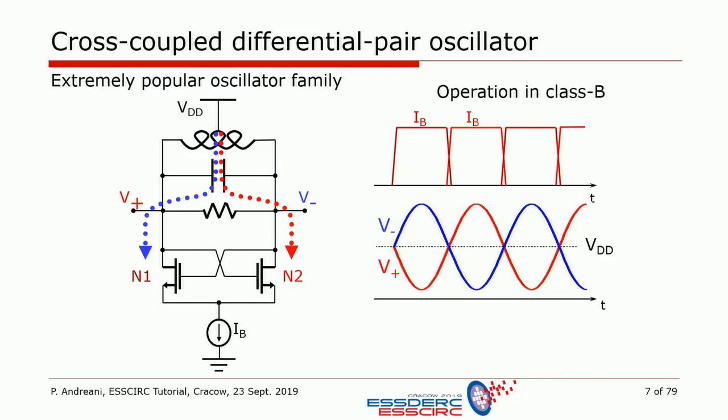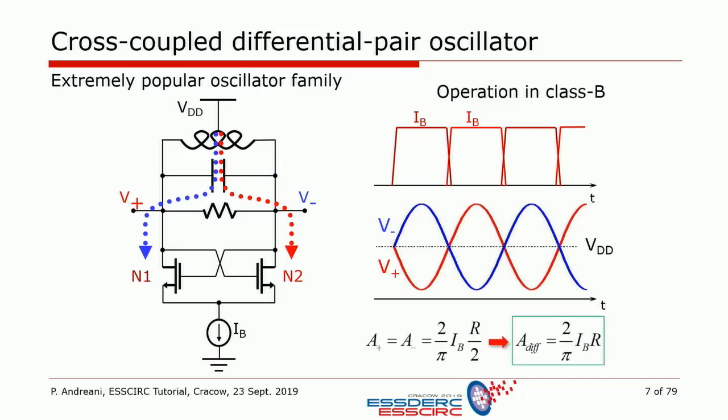Again, harmonics rich, but the higher harmonics are filtered by the tank, which means that the oscillation voltage is very close to purely sinusoidal. In this case, very symmetrical in phase opposition, and once again swinging above and below VDD.